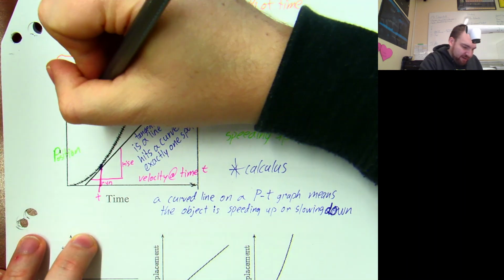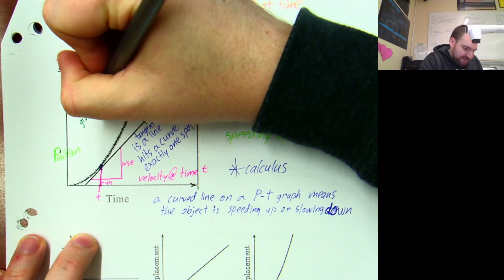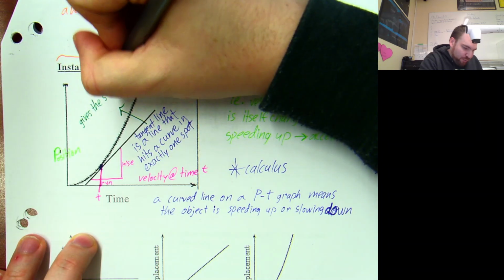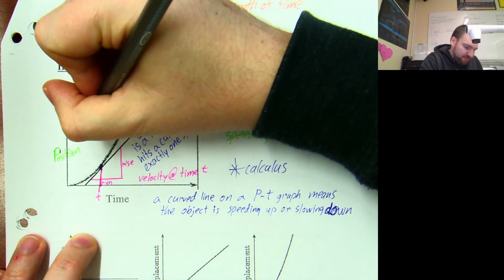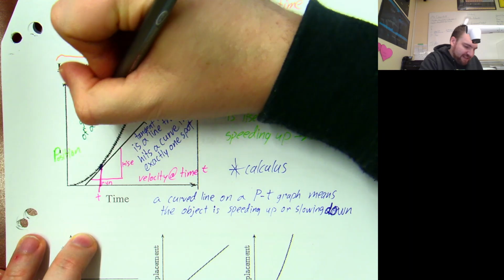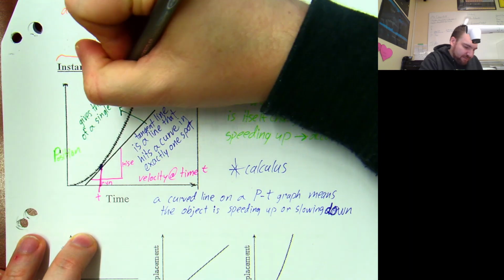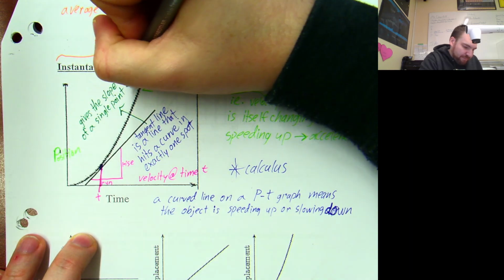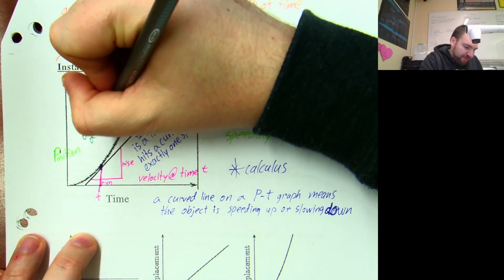The tangent line gives the slope of a single point on a curved line.